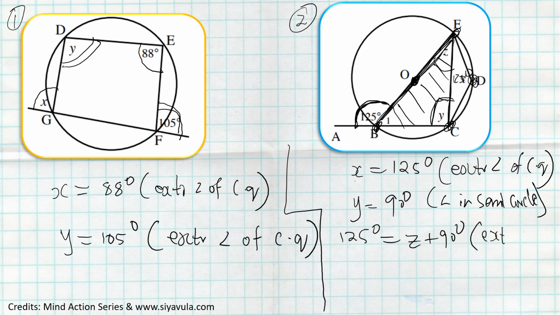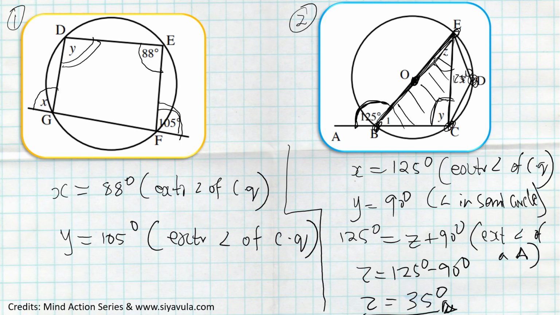And we say exterior angle of a triangle. We know that from the geometric basics that we did in session number 1. So z will be equal to 125 degrees minus 90 degrees. 125 minus 90 will give us 35 degrees. So that's how you can solve this using this theorem and some of the geometric basics.